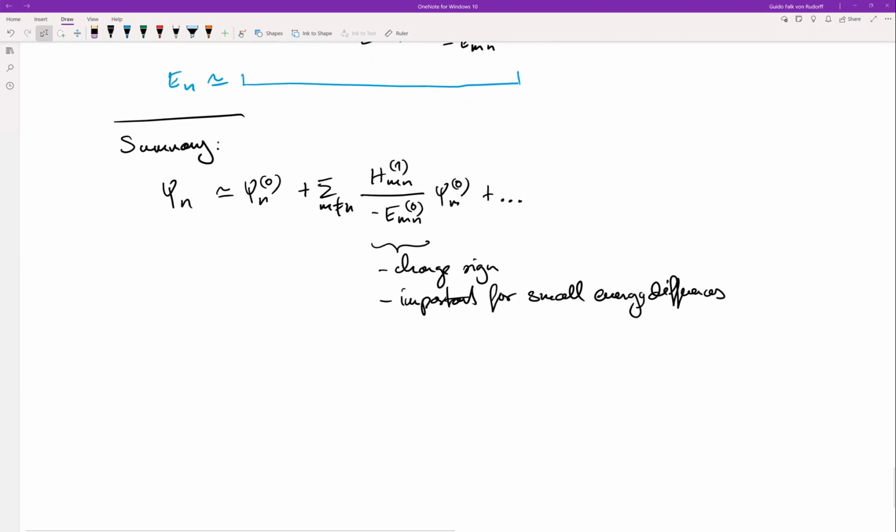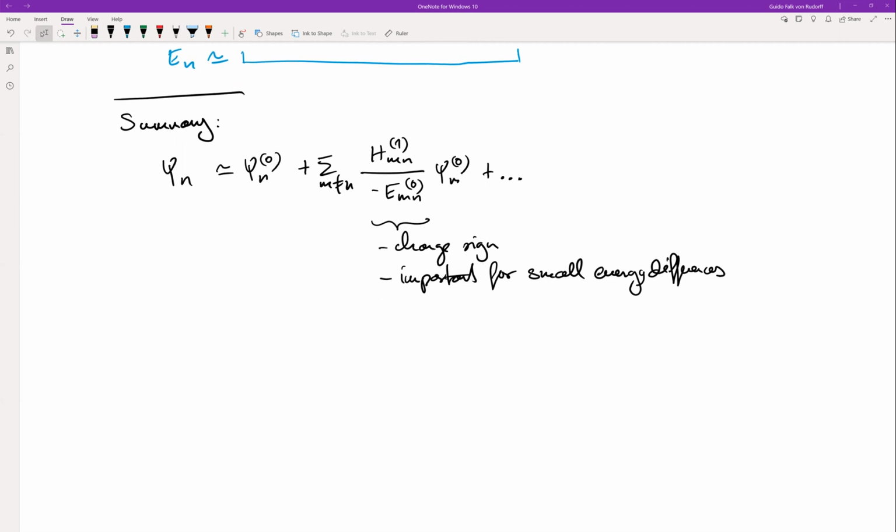And now, in this case, what we see is that the moment you look at those perturbations, then there is a relation between energy contributions and the matrix element part of the perturbing Hamiltonian.